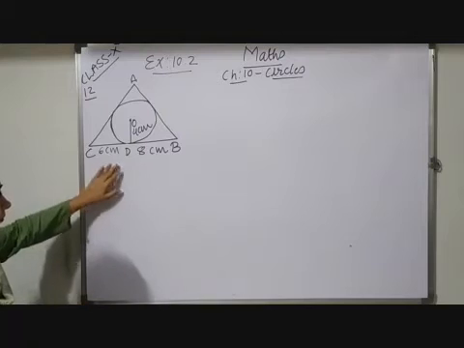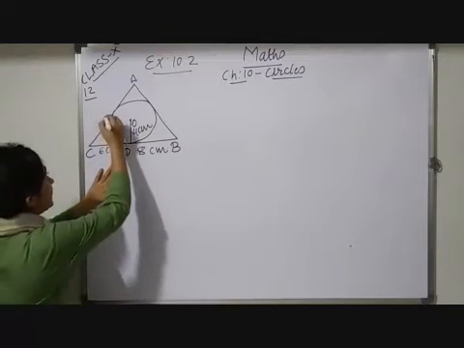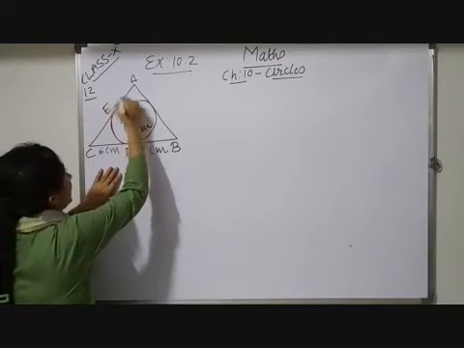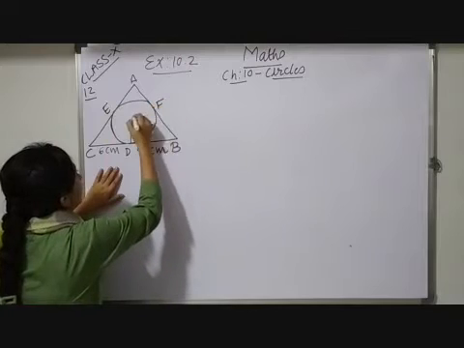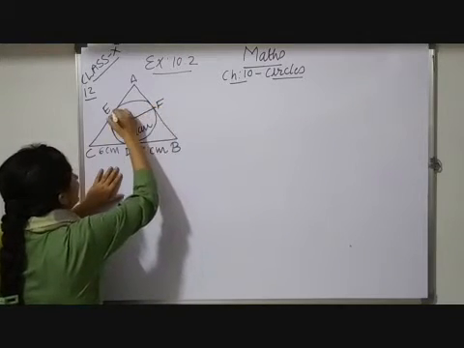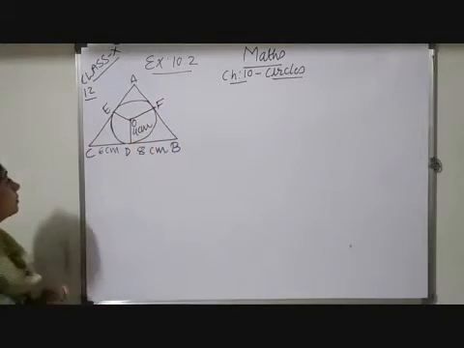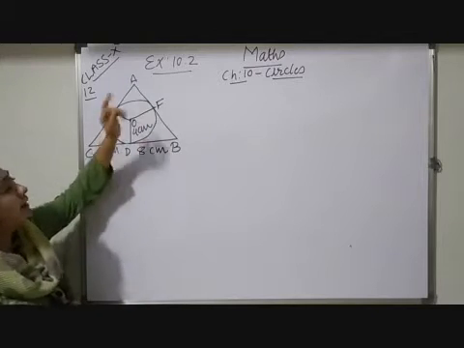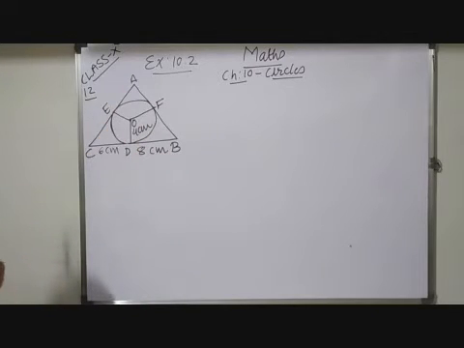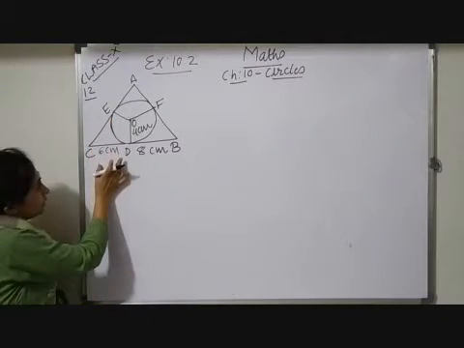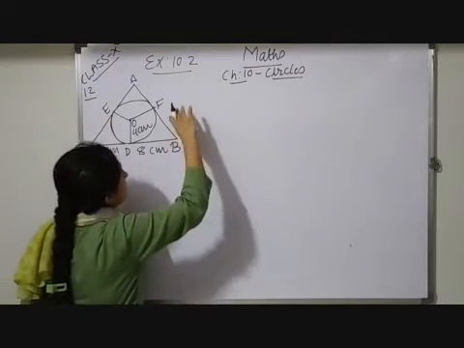Now here what I should do, let this point of contact be E and this point be F. If I join it, you may observe C, A and B will be your exterior points. Though it will be your exterior point, CE is equal to CD, BD is equal to BF.